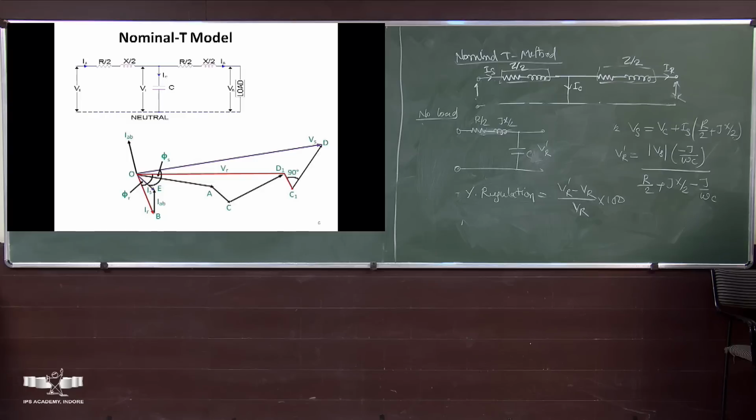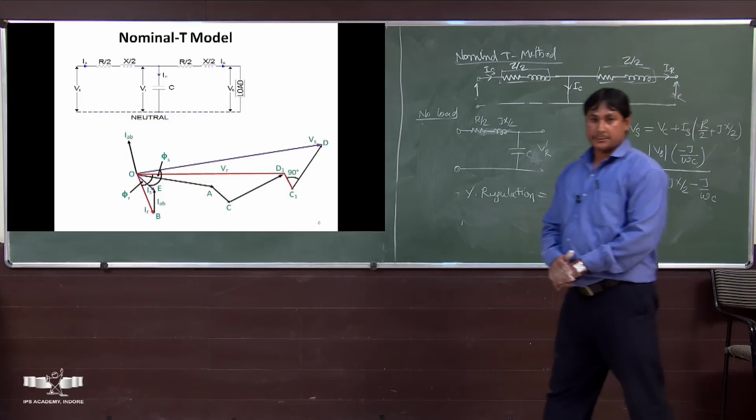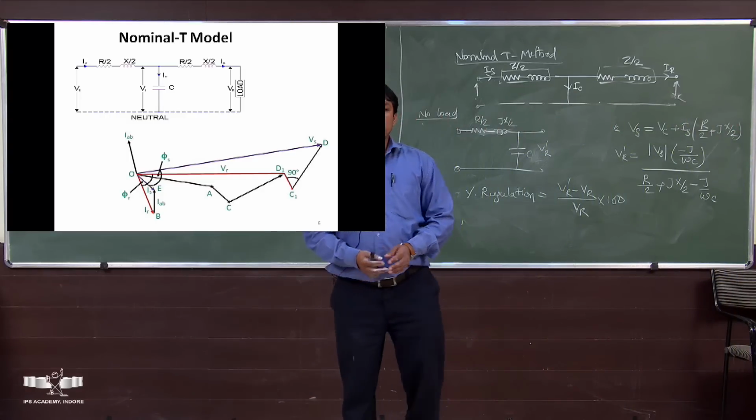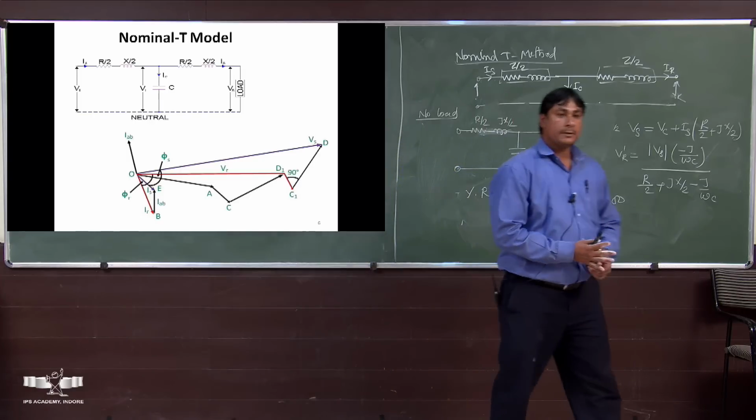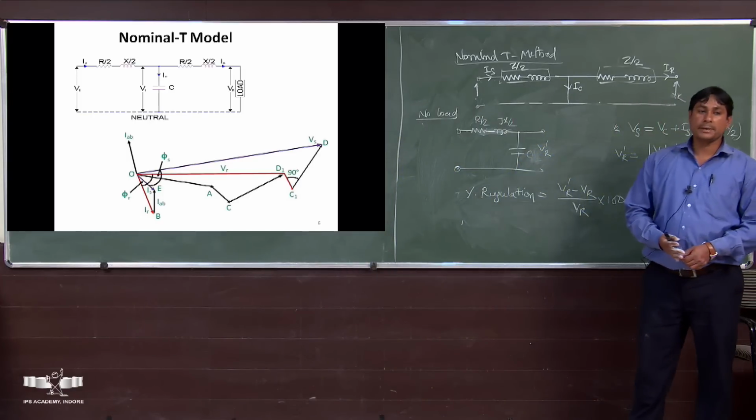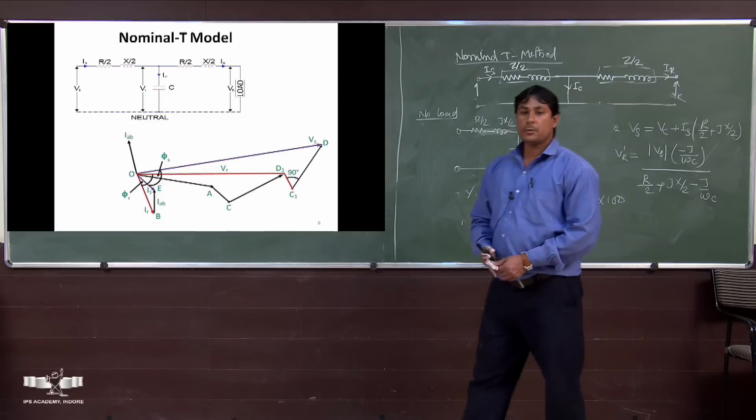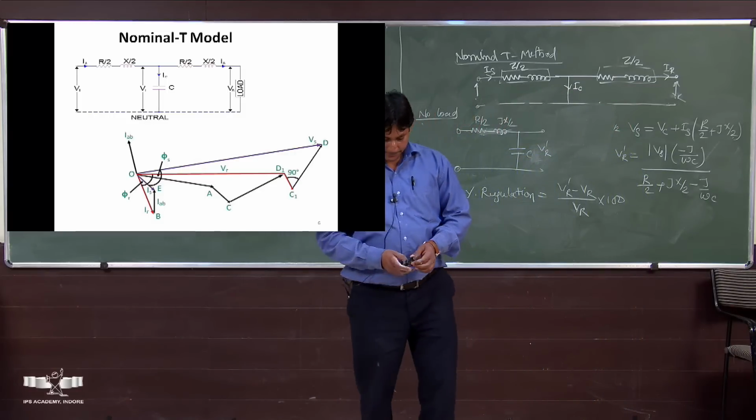So here we calculate the voltage regulation and efficiency of the transmission line by two methods, the nominal pi method and the nominal T method.